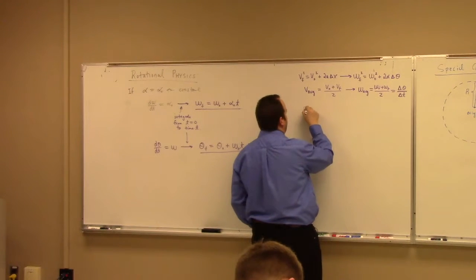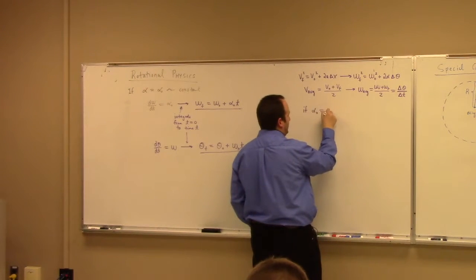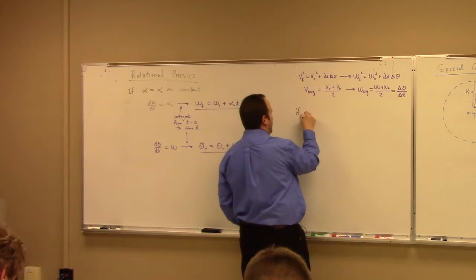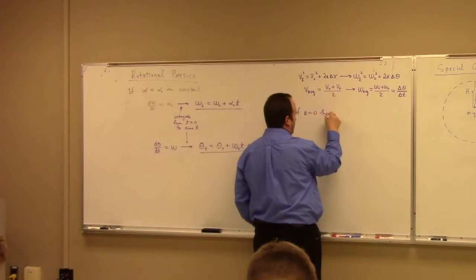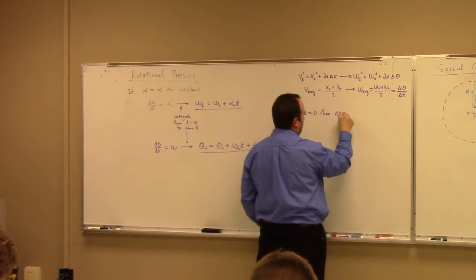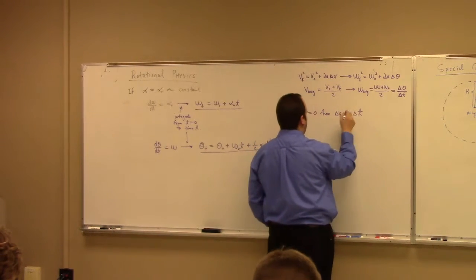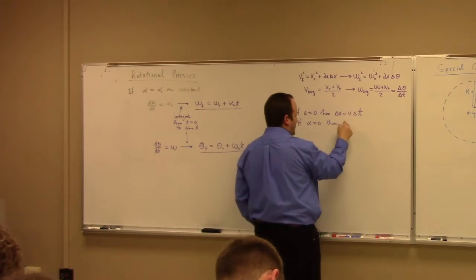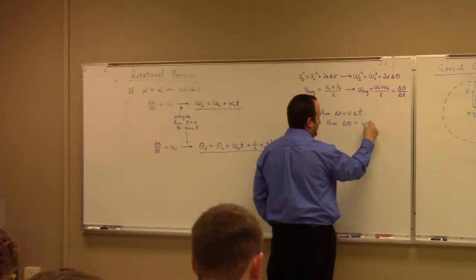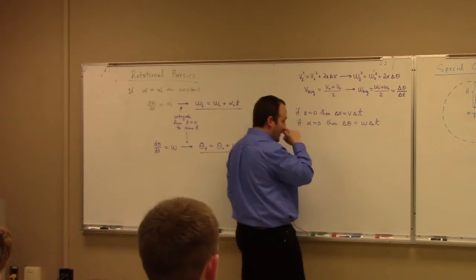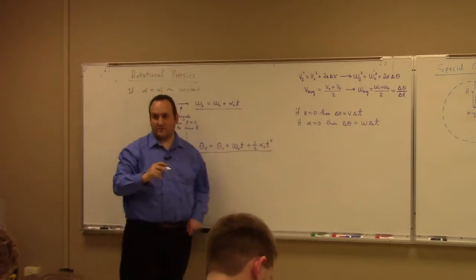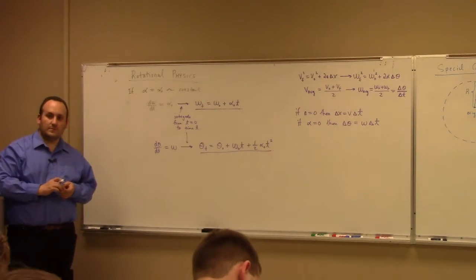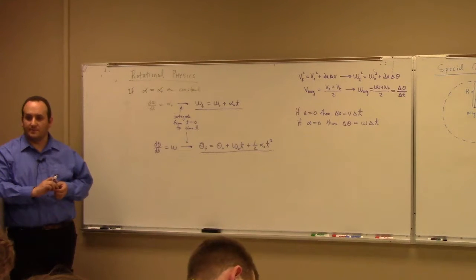So if alpha naught equals 0, if the acceleration is equal to 0, then change in x is just equal to v times change in t, right? If the angular acceleration is equal to 0, then the change in theta is just equal to omega times the change in t. But that's a very special case, when the angular acceleration is 0. Constant angular speed.